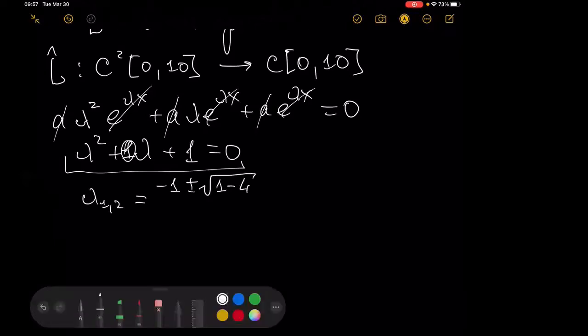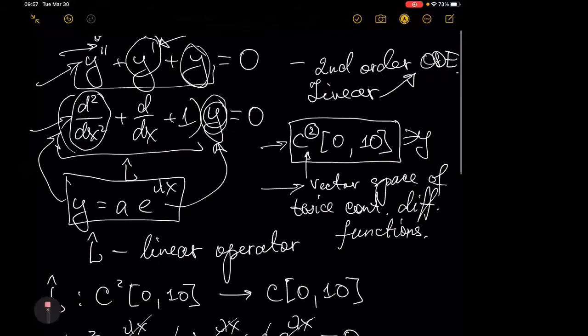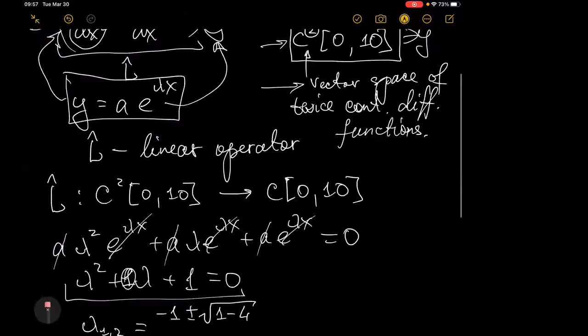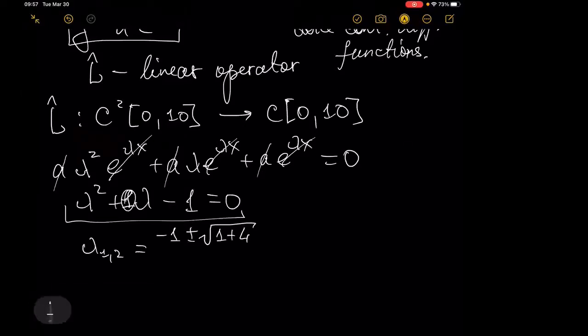For simplicity, let us make it with a negative sign, so that we stay in real numbers. As a result, it's negative 1/2 plus minus square root of 5.